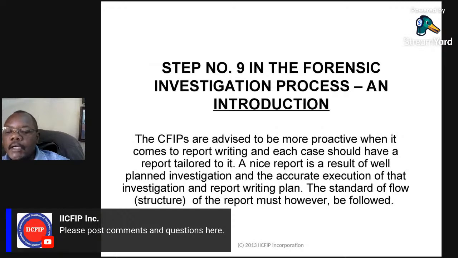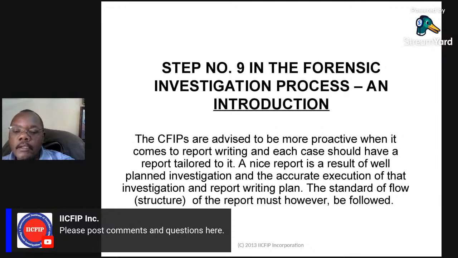You will state here what was supposed to be done but was not done due to limitations as to time and even resources. You state the limitations, the reasons why you did not manage to carry out some specific tests or investigation processes, and then you write down a recommendation for further investigation.